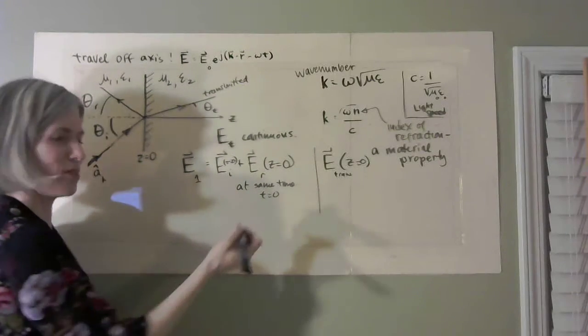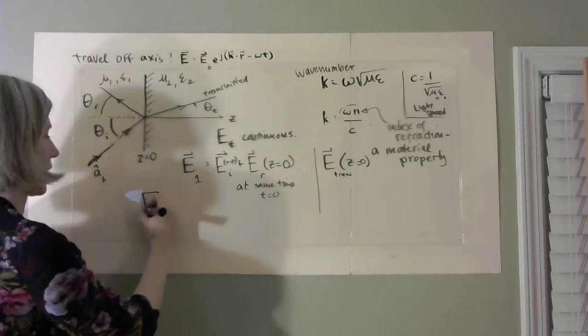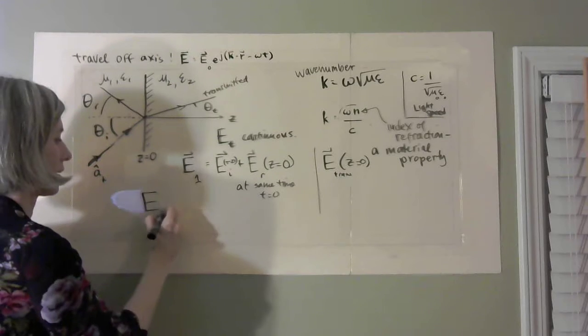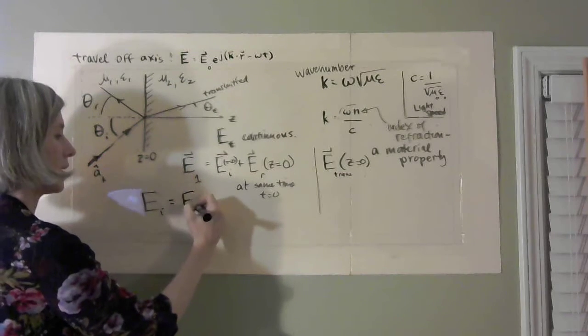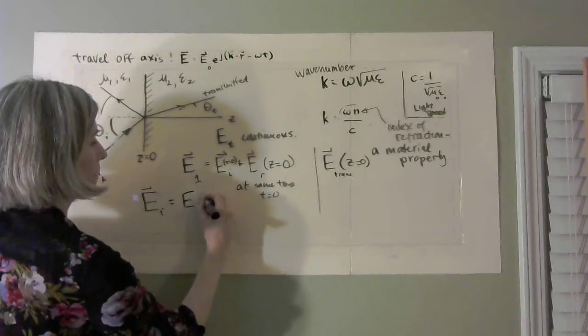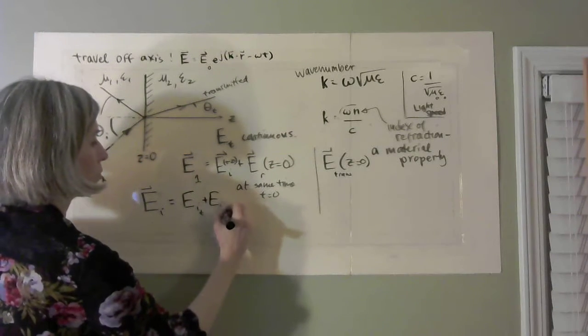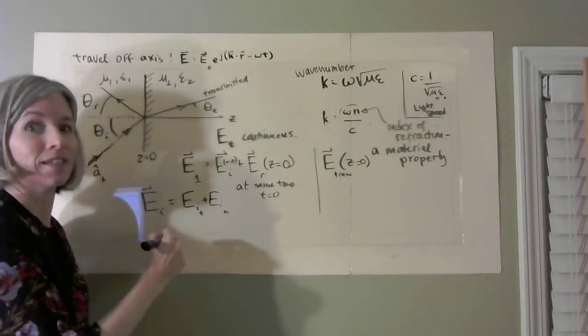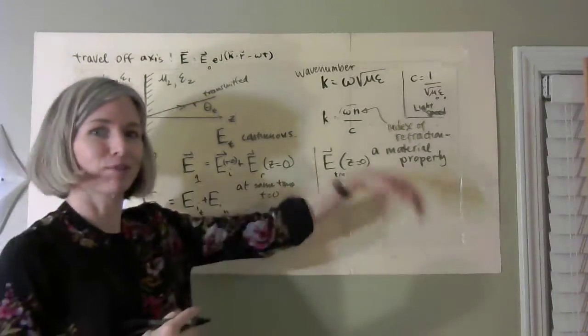E incident is E incident tangential plus E incident normal. And remember, these are the amplitudes multiplying the sine wave or the oscillatory function.